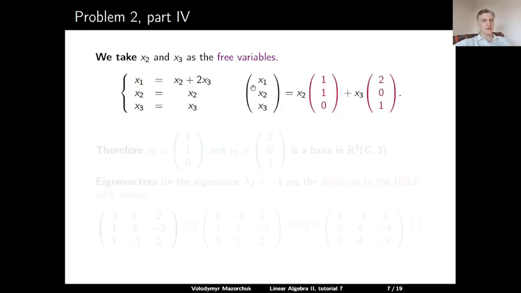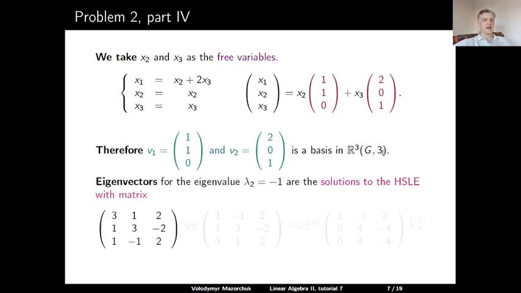In the vector form, x1, x2, x3 is equal to x2 times the coefficients 1, 1, 0, plus x3 times the coefficients 2, 0, 1. Therefore, the coefficient vectors 1, 1, 0 and 2, 0, 1 form a basis in the subspace of all eigenvectors for G with eigenvalue 3.